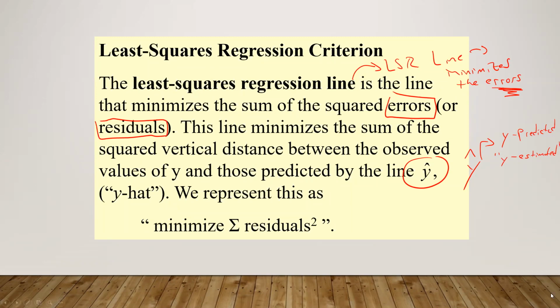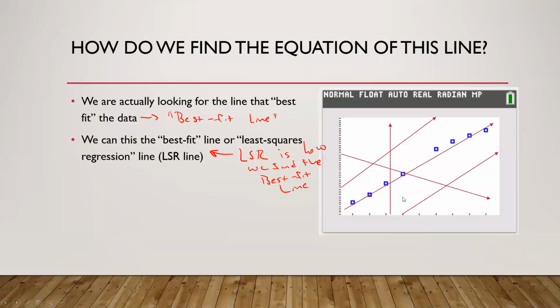So what I mean by this y hat: this line right here, this red line, the best fit line, we denote as y hat is equal to mx plus b. Now look at the line. Did the line touch every data point? Like exactly, did it touch every data point? No, it doesn't, right?